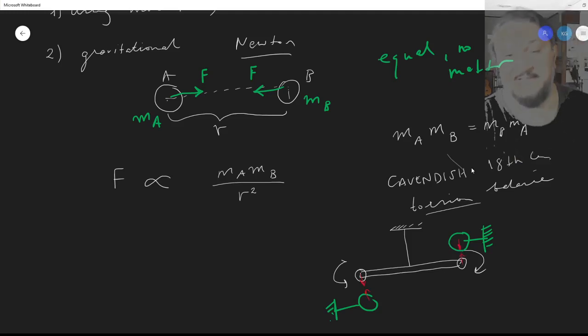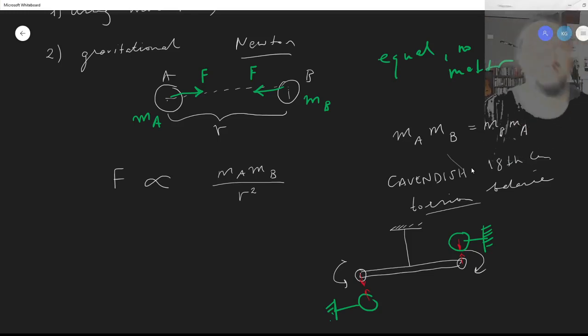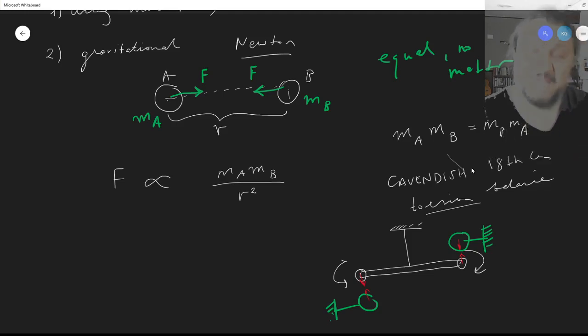Now, I said that force is so weak, but with a good torsion balance, and they had good mechanical engineers back then, watchmakers, and good equipment, you can actually measure this force. Or better to say, you can find how that force compares to the actual weight of the ball. Because they knew that the weight is because of the Earth's pull. So you have a ratio of forces.